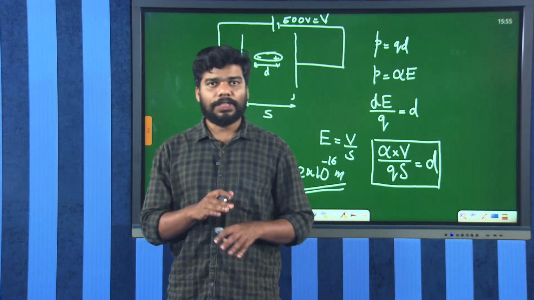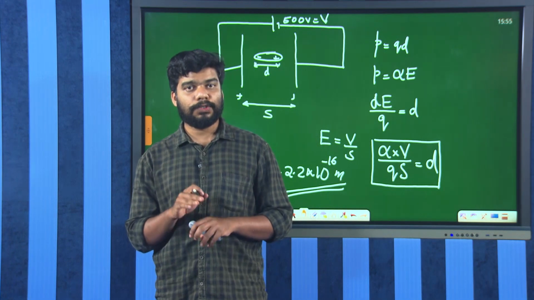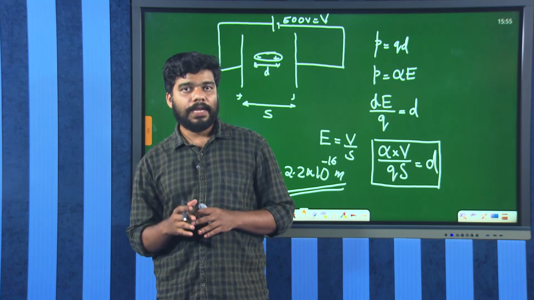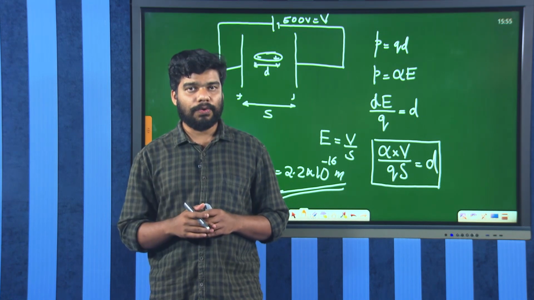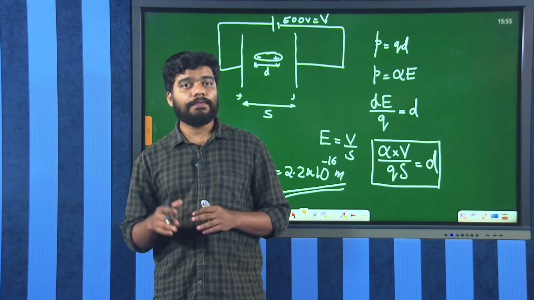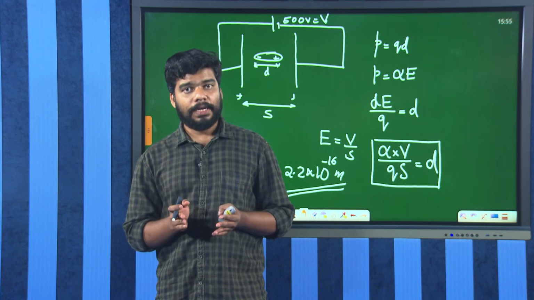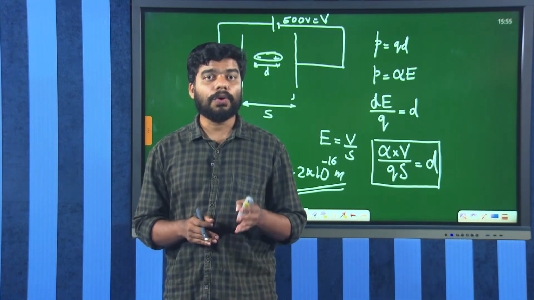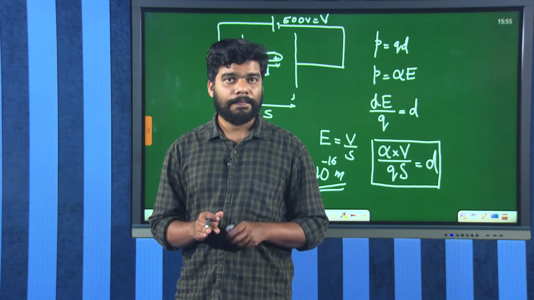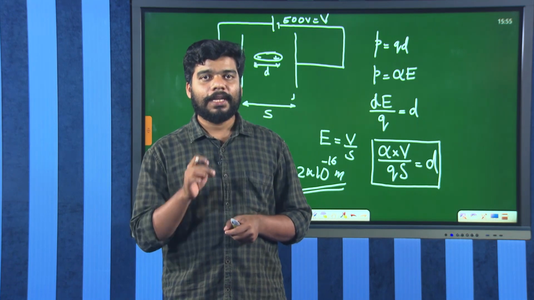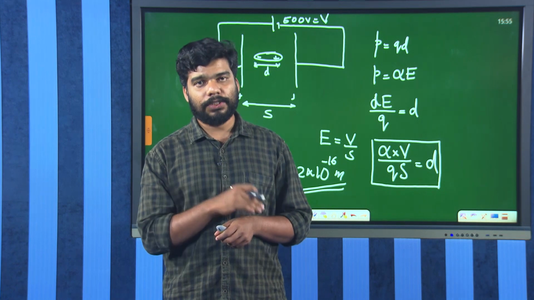So in this session we have considered a sphere of radius r, a linear dielectric material placed in a uniform electric field E0, and we found that the electric field inside the sphere is E equal to 1 minus chi e by 3 whole raised to minus 1 times E0. And also we derived the force on a dielectric slab kept in between the plates of a capacitor.